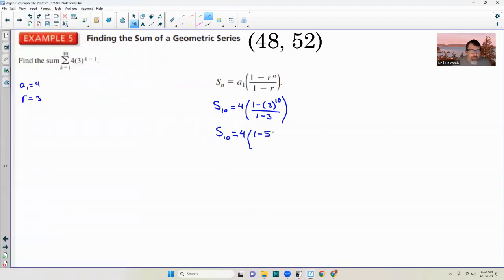59,049, all divided by 1 minus 3, which is negative 2. So S sub 10 equals 4 times 1 minus 59,049, which is negative 59,048, all over negative 2.